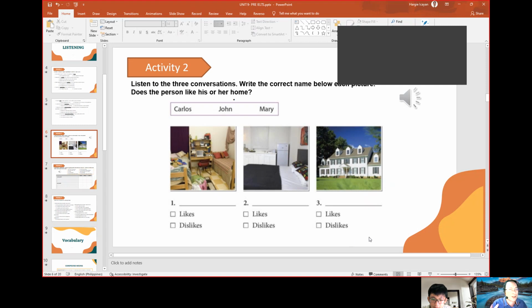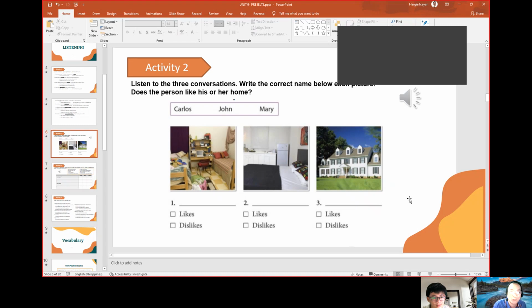Okay. Now the question would be: do you think the person who asked for the information would be able to live in a dormitory, or in a studio type, or in a particular house? What do you think? I prefer number two. Okay, actually, she wasn't able to say it in the conversation, right?